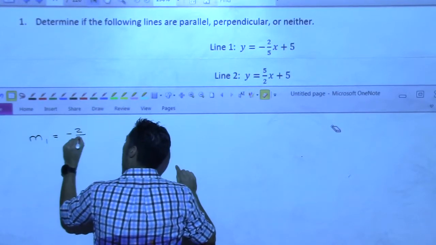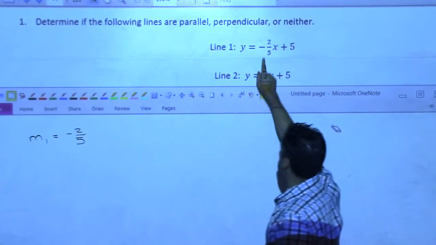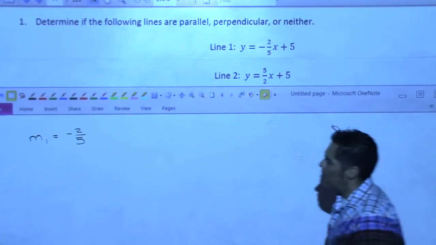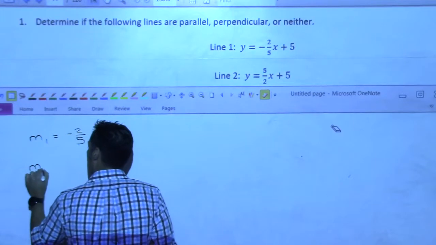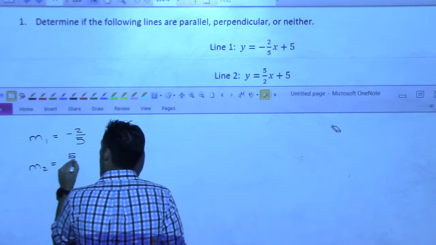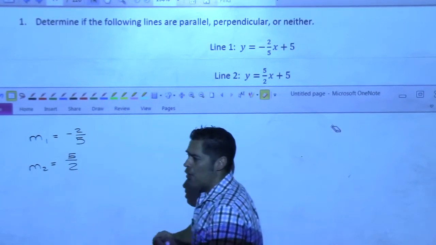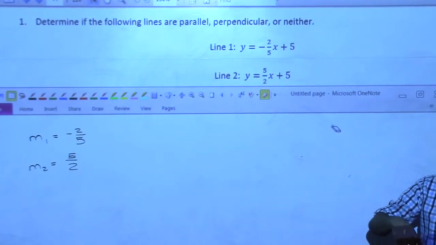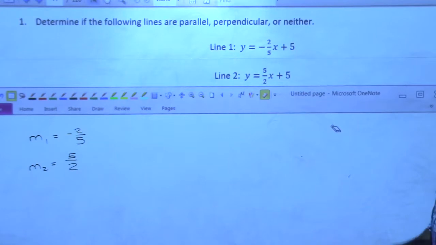Negative 2 over 5. Remember, the slope is always just the number in front, not the x. What's the slope of the second line? 5 over 2. So these are negative reciprocals. You flip one over, change the sign, you get the other one. This means these 2 lines are perpendicular. Agree?